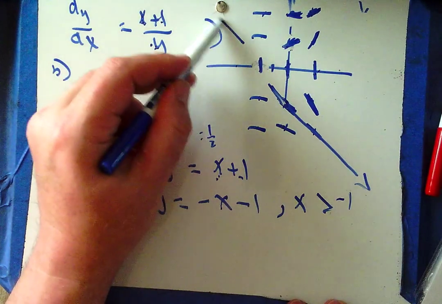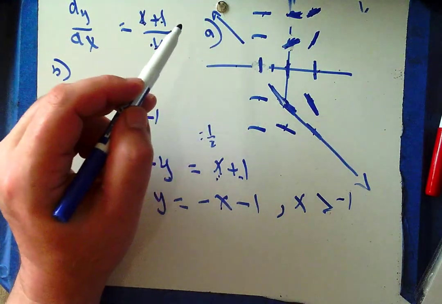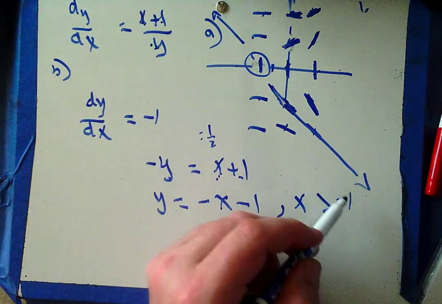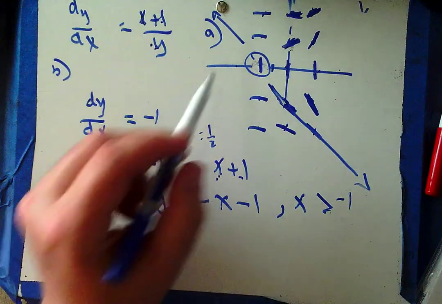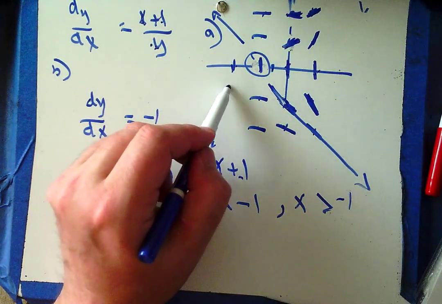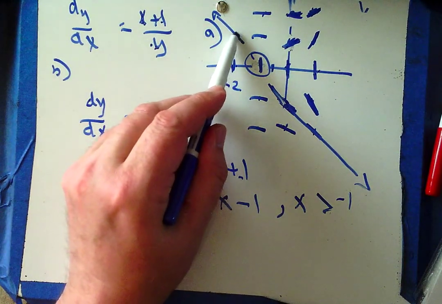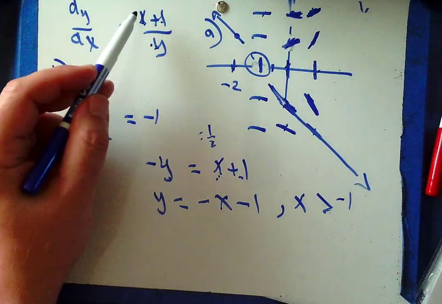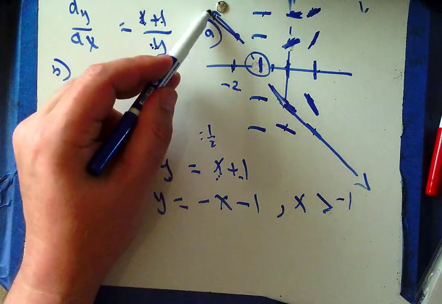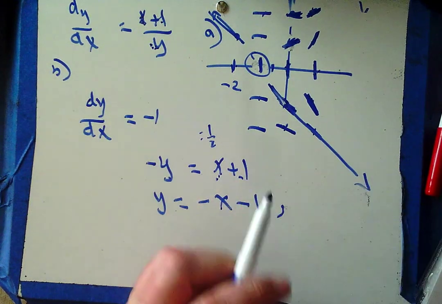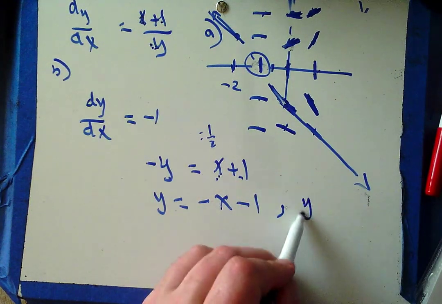I wonder if it continues back here. Oh, maybe it's only this point. Maybe that's it. Let's check. So if I plug in a negative 2 and a 1, ooh, that's also a slope of negative 1. So it's not a restriction on x's, it's a restriction on y's.